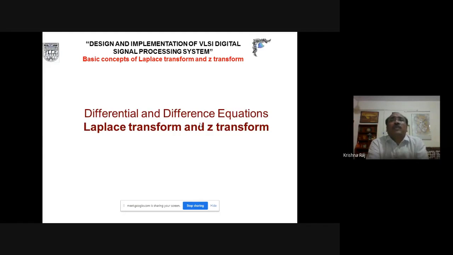It stores one bit of information. So this may be represented as a system having a memory of one bit, meaning it has the capacity to store one bit of information. Whatever the input, suppose this is x[n], the output will be delayed by 1 unit, that is x[n-1], or we can say this flip-flop may be considered as a 1 bit delay.